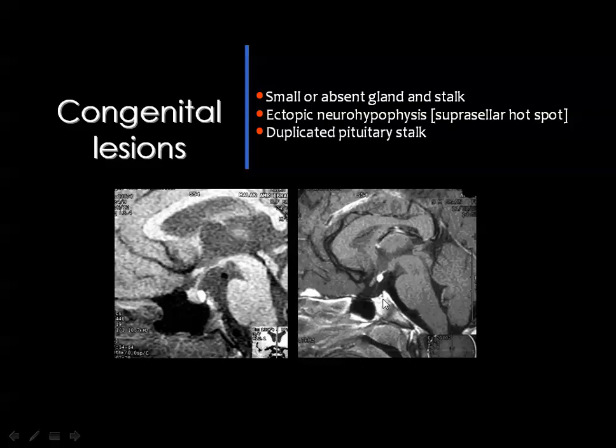But in this particular example, you can see that the posterior pituitary is ectopic and is intimately related to the upper part of the infundibular stalk. The stalk itself is hardly appreciated, and this is one of the anomalies. It's a small or even absent pituitary gland or stalk. Ectopic neurohypophysis existing in the suprasellar area, and sometimes the pituitary stalk is duplicated.